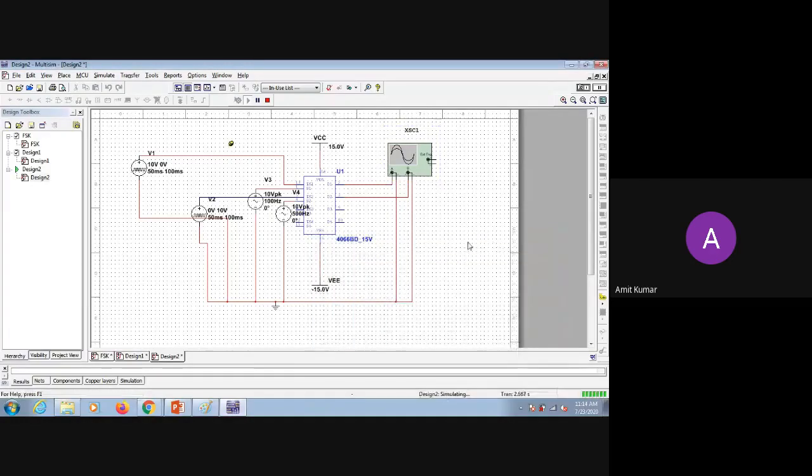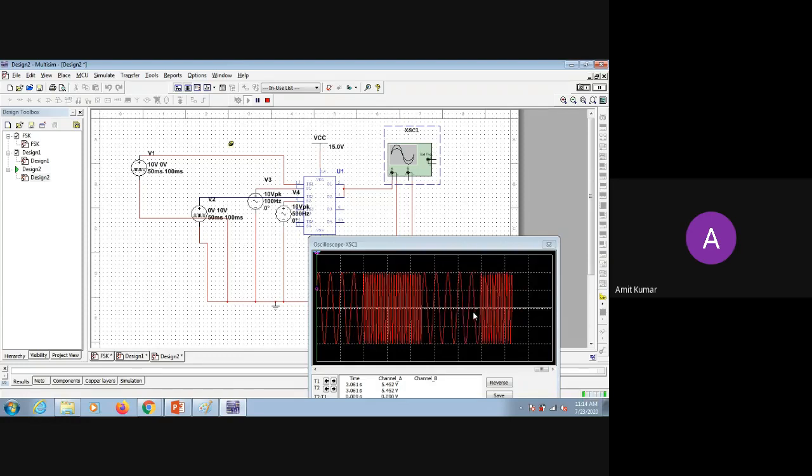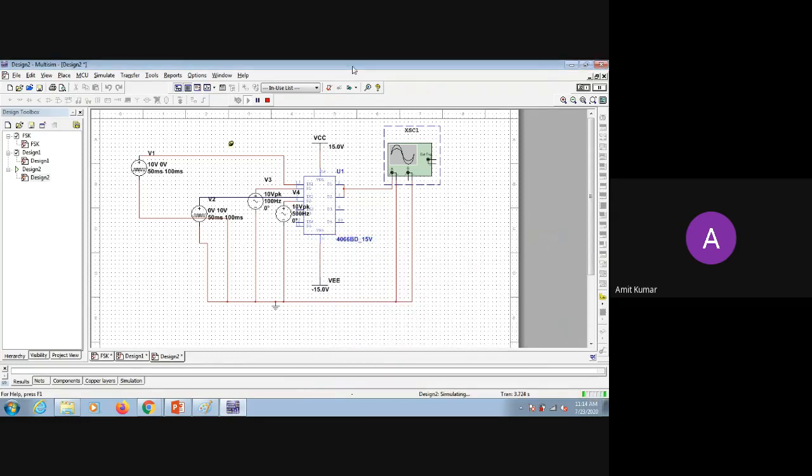So we will combine these two signals together. So now you can see, for zero you are getting a different frequency, for one you are getting a different frequency. So in this way you are able to generate FSK signals by generating two ASK signals. So this is the practical way, or you can use this IC to generate FSK signals.